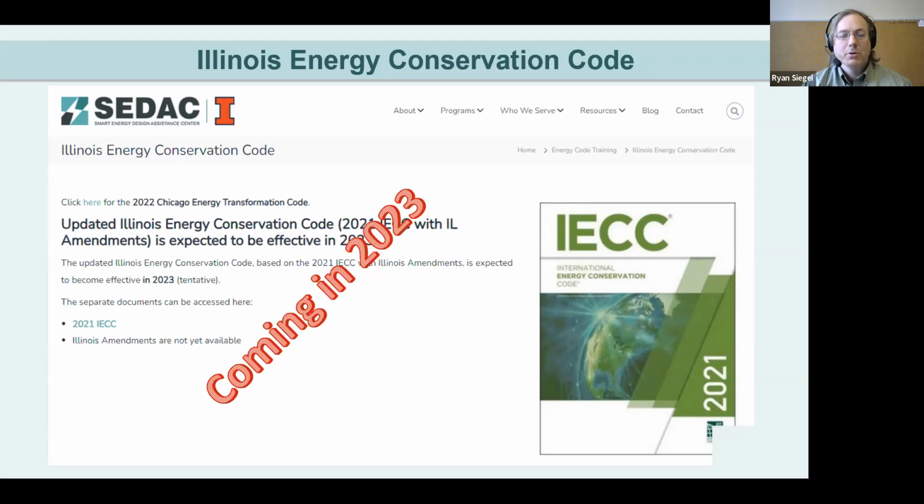So for projects that are going to be applying for permitting this summer, perhaps somewhere in that July timeframe, you might want to go ahead and consider updating the design to meet the 2021 requirements. Again, this is based on permit application date, not necessarily the plan review and approval date or construction date. So those projects that are already in construction for the summer will still be on the 2018 version of the code.